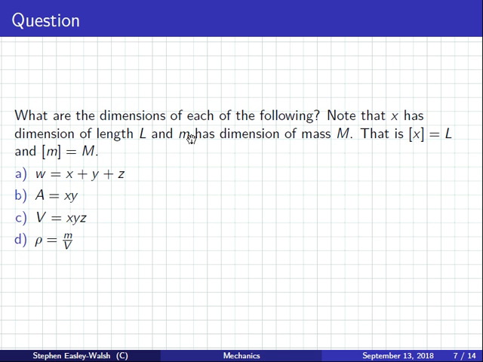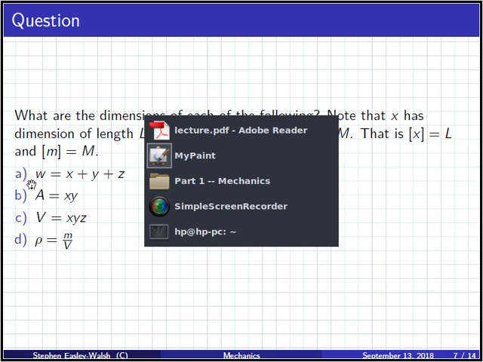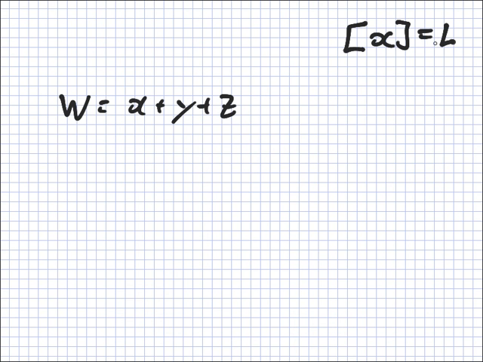Now, what are the dimensions of each of the following? Note that x has a dimension of length, m has a dimension of mass. The way we write that is we use these brackets. So we say the dimension of x is length, and the dimension of m is mass. So what is the dimension of w? Let's have a look at this one together. You have w equals x plus y plus z, and you know that the dimension of x is length.